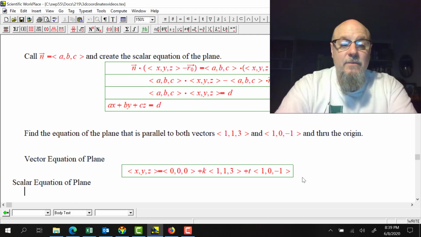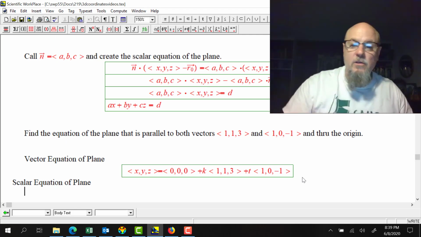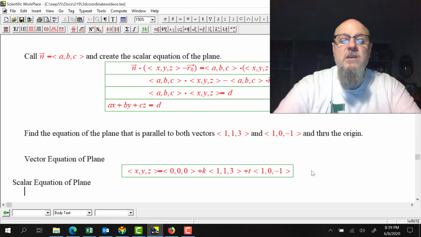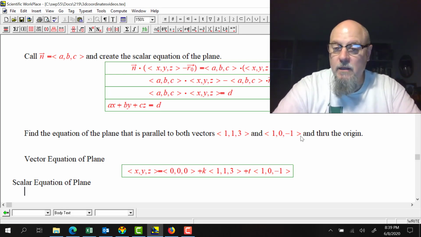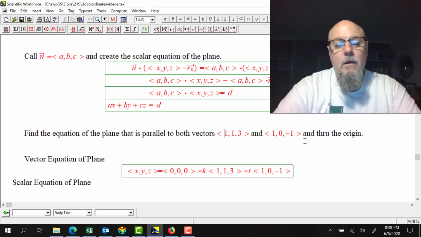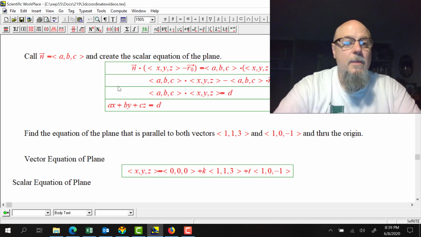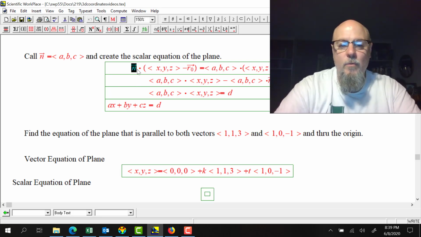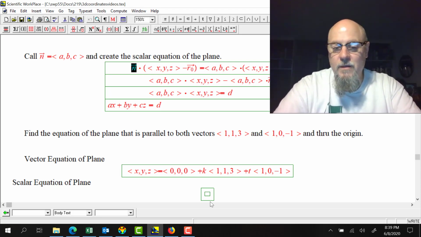So I need to get the normal vector, and the normal vector is perpendicular to the plane. These two vectors are parallel to the plane, so I need a vector that's perpendicular to both this vector and this vector. Oh, how do I get a vector that's perpendicular to those two vectors? That's going to be the normal vector. You know where I'm going with this.